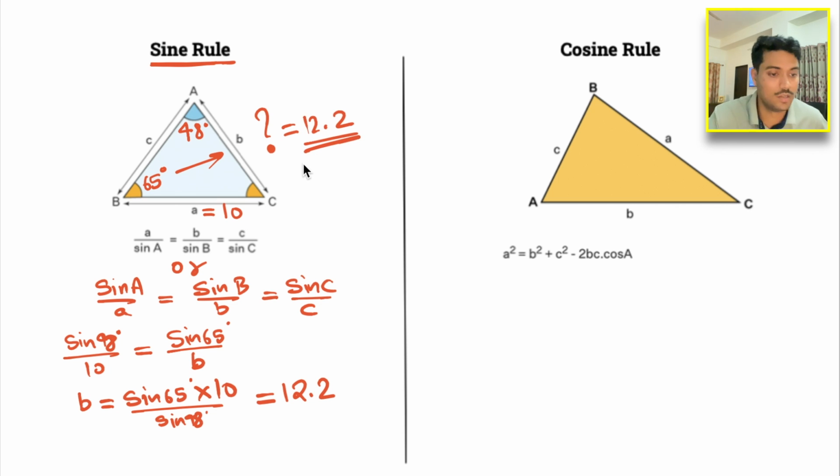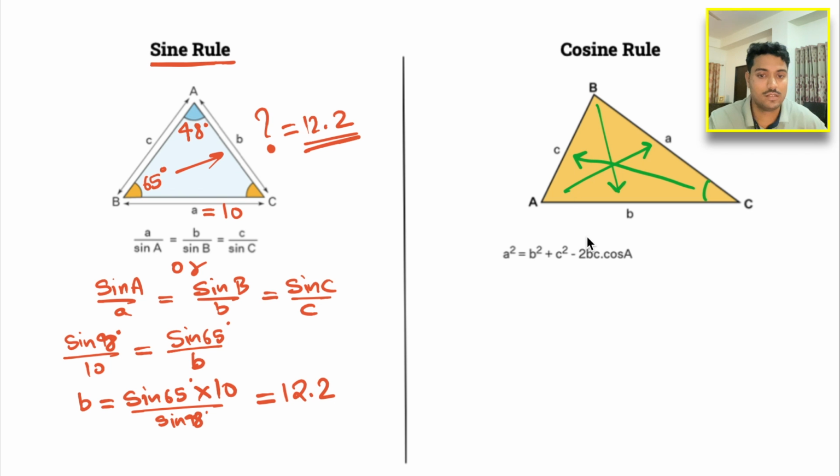What about cosine rule? Let's check cosine rule now. For cosine rule, again, we label the diagram exactly the same way. So this is A, so the opposite side will be small a. This is angle B, so this opposite side will be small b. And this is angle C, so the opposite side will be small c.